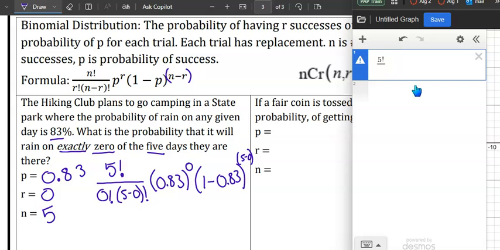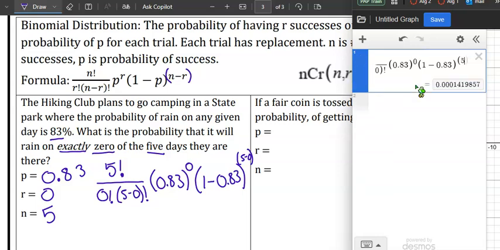For the factorial sign, you just put an exclamation point. For the exponent, you put the caret. And whenever you have an expression at the top, instead of just a single number, on Desmos, make sure you put parentheses around it so that it actually counts it to be in the exponent itself.